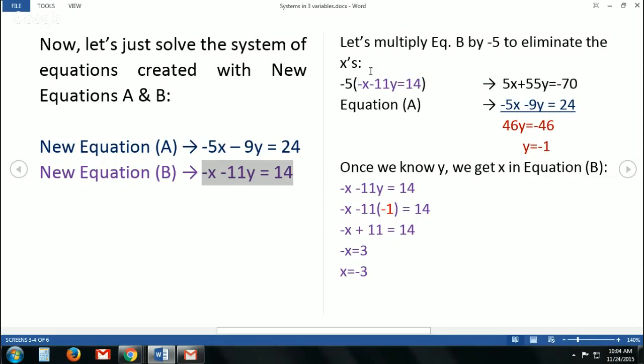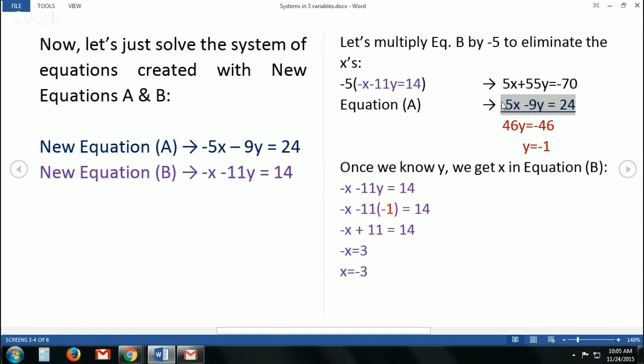So multiplying equation B by -5 here would give me a new multiple, but now with positive 5x at the front. -5 times everybody there gives us this equivalent equation. I've rewritten equation A right here, and now you can see that we've got opposites on the x's.